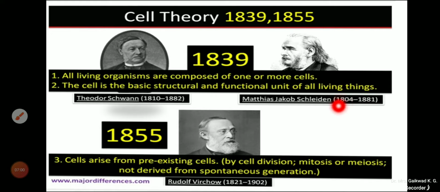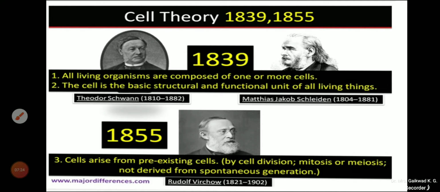It is not even explained by the cell theory given by Schwann and Schleiden. So, later on, Rudolf Virchow in 1855 first explained that new cells are formed by cell division from pre-existing cells.